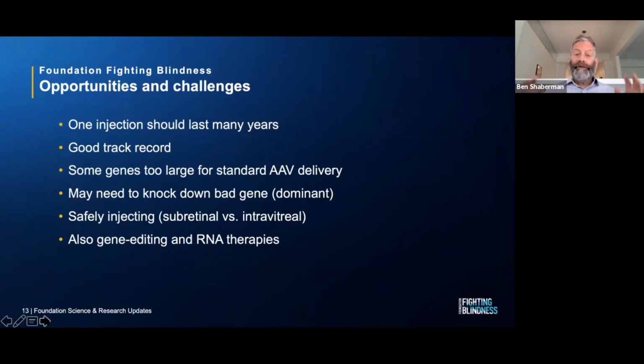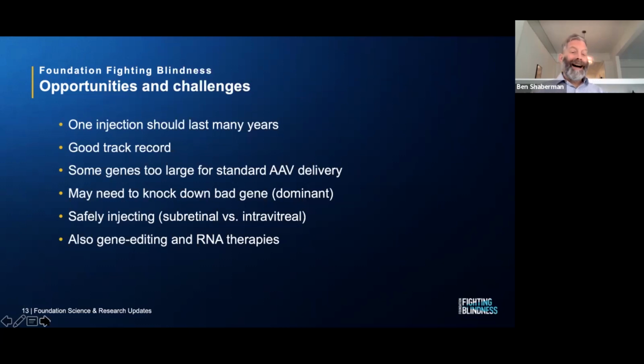One alternative is to deliver that large gene in two pieces. We call this a dual vector approach. Another approach is to shrink the gene somewhat so it still works, but it will fit in a typical AAV container. We call that a mini gene. So these are moving toward clinical trials. They're not in clinical trials yet, but we do have these approaches emerging for these large genes.